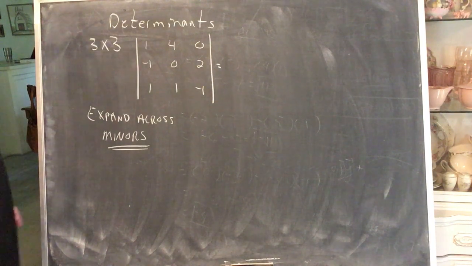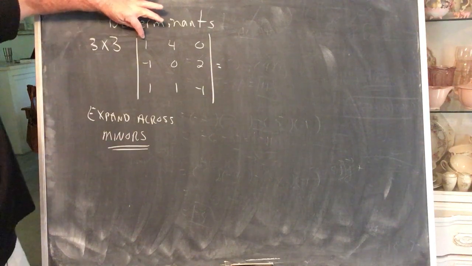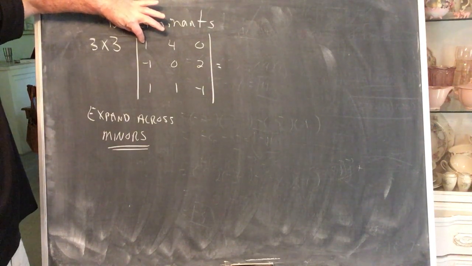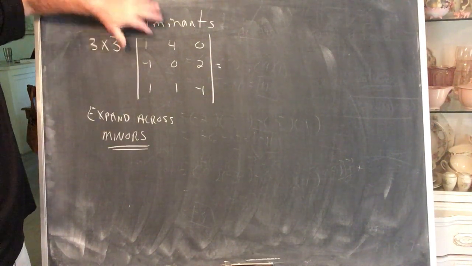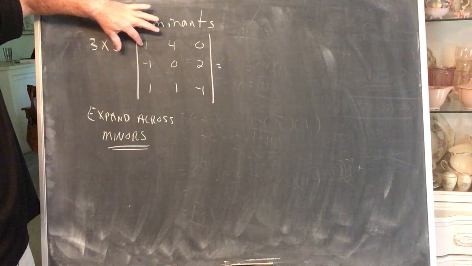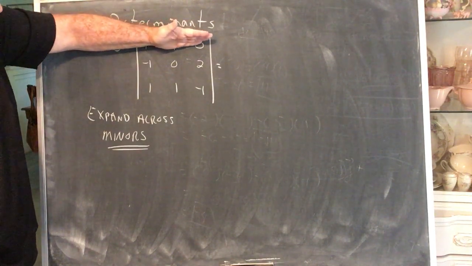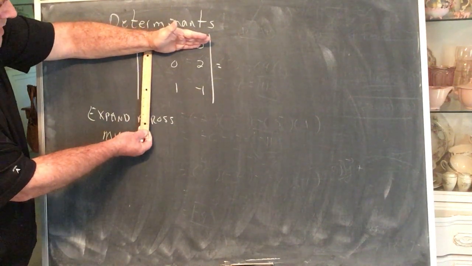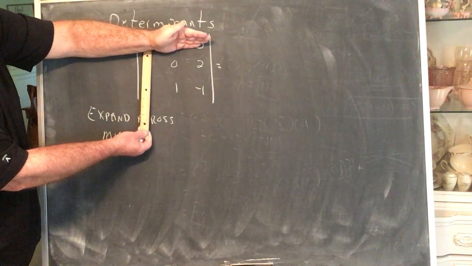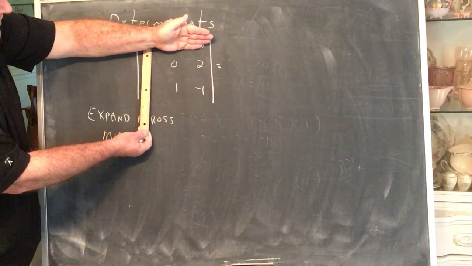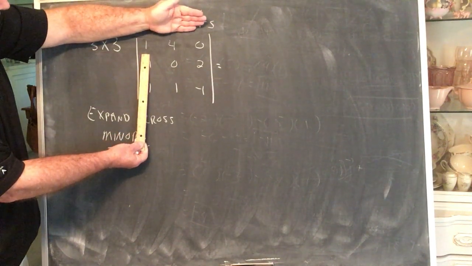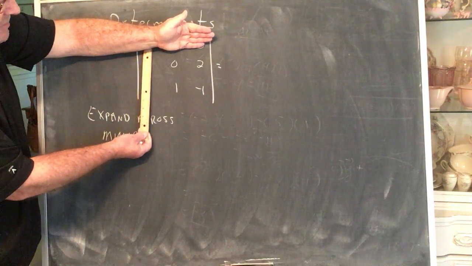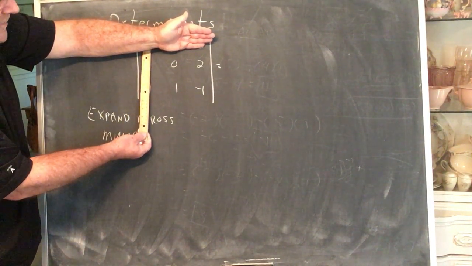All right. So here's the procedure. The minor of 1, the minor of the row 1, column 1 position is this. You eliminate the row and you eliminate that column, and you're left with a smaller 2 by 2 determinant. So the minor of 1 generates this smaller determinant, 0, 2, 1, negative 1.